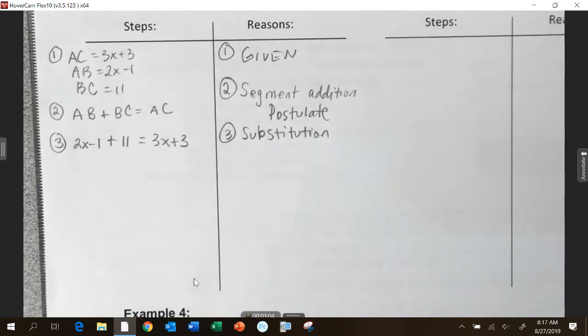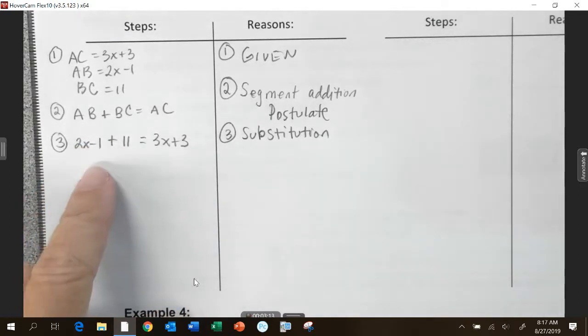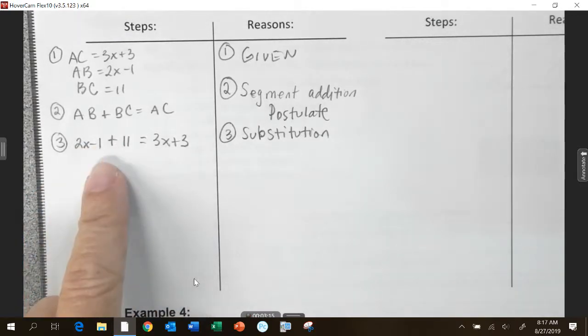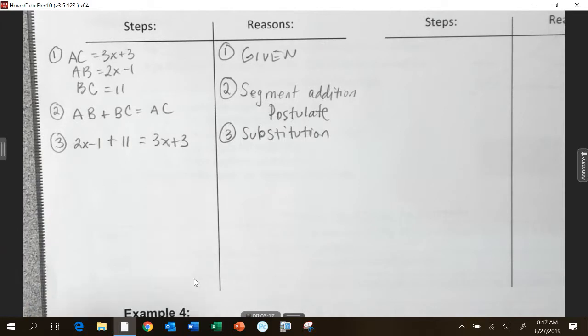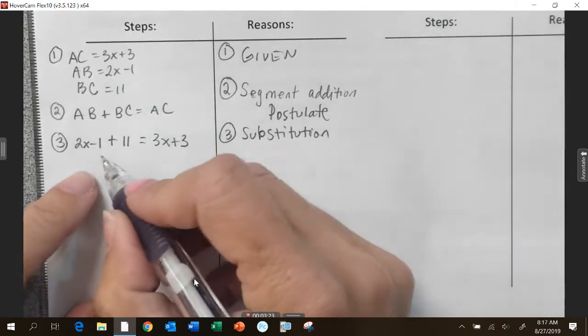And if you look at the directions, our ultimate goal is that we need to solve for x and then find the measurements of the segments. So now we're thinking algebra. We're going to solve for x. Could you guys tell me what I could do next to start solving this equation for x? Avneet? Combine your like terms right here, okay?